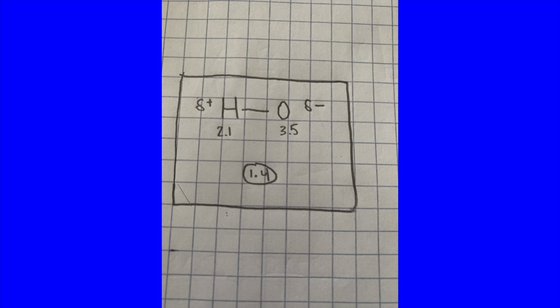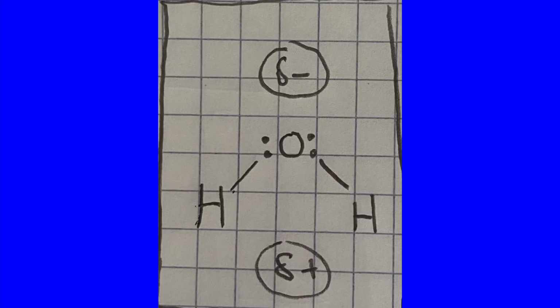Oxygen has a greater electronegativity, so it is drawing the electrons toward it, giving oxygen a slightly negative charge, and hydrogen now has a slightly positive charge since the negative is pushing toward oxygen. This is water, H2O, the molecule form. As you can see, since oxygen has a higher electronegativity, the electrons move upwards.